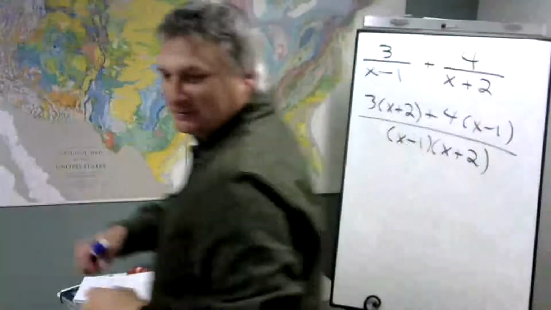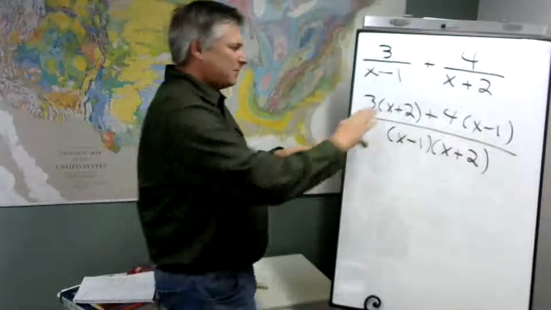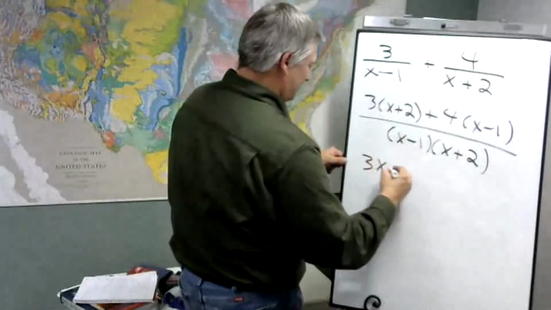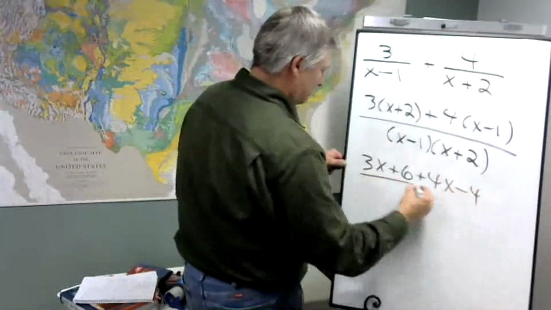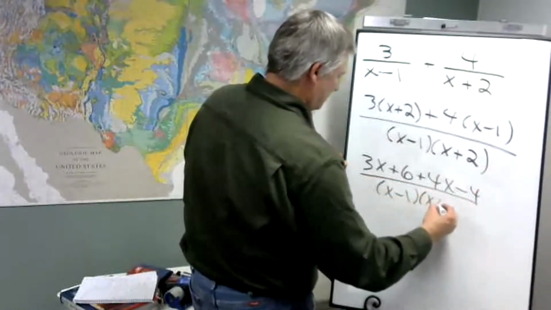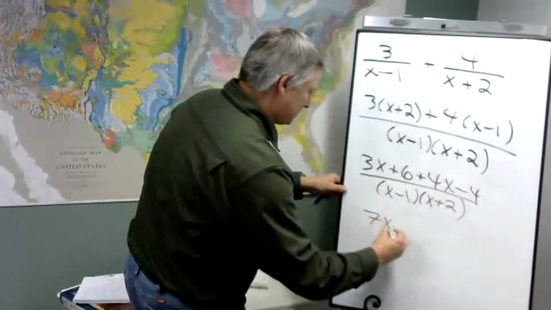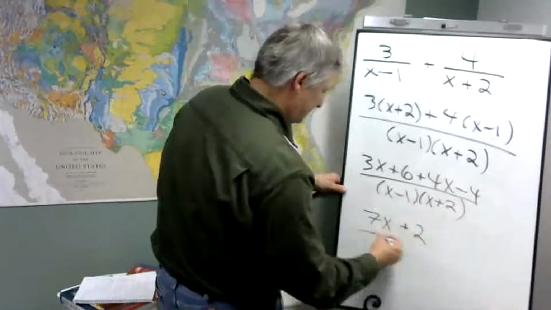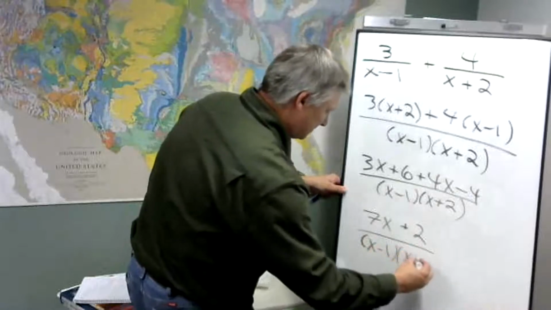There we go. And if we do our distributions here, combine like terms, we're going to get something like this. We're going to get 7x plus 2 over x minus 1, x plus 2.